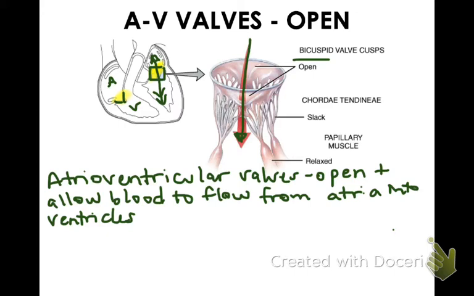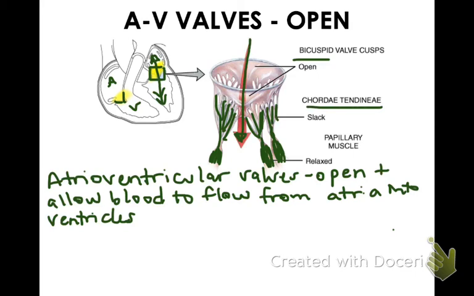They are attached to the papillary muscles, and those papillary muscles are shown right here. The papillary muscles are continuous with the myocardium, with the heart muscle itself. And they're attached via all of these little stringy looking things, and all of these stringy looking things are called chordae tendineae.